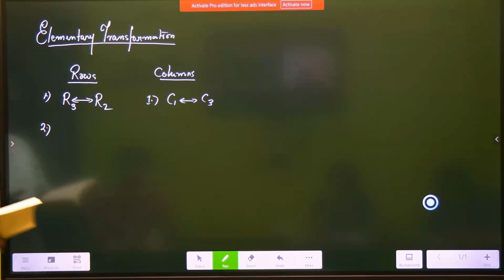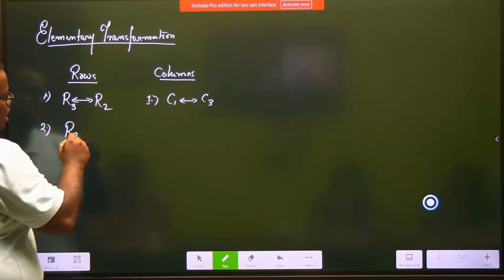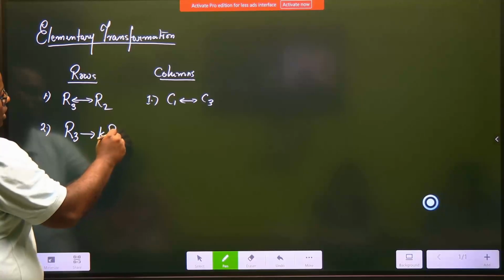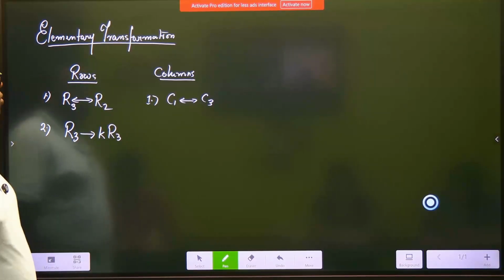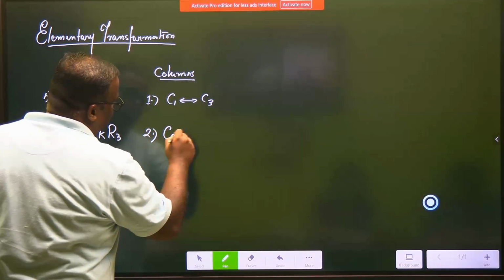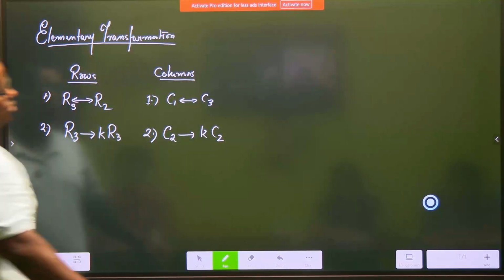So our second one would be something like this: row 3 has now been transformed to k multiplied by row 3, meaning all the elements of row 3 will be multiplied by k. Similarly, column 2 has been transformed after a k has been multiplied with all the elements of column 2.